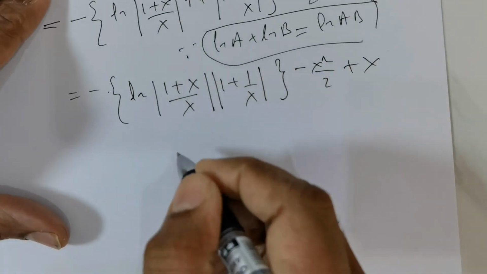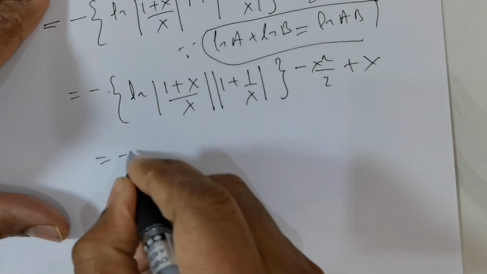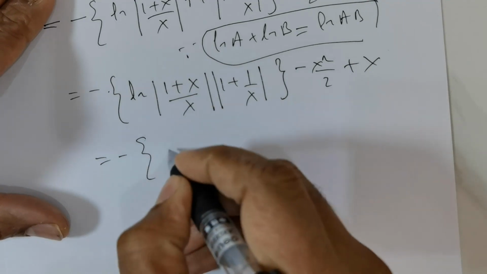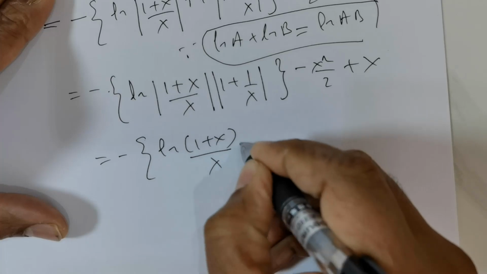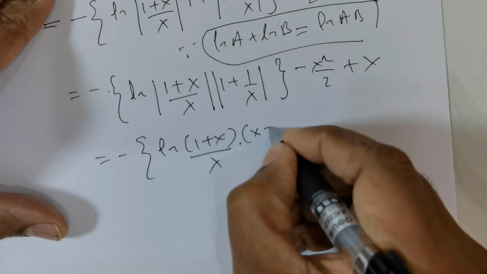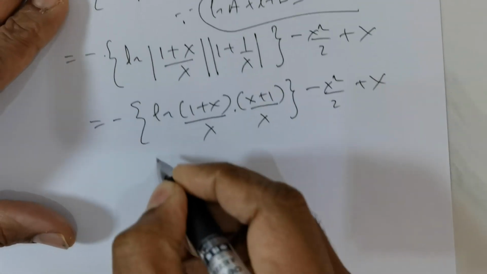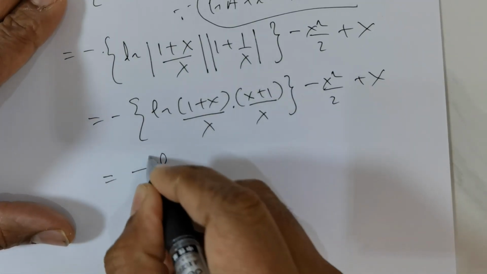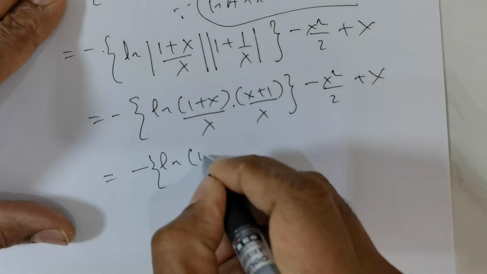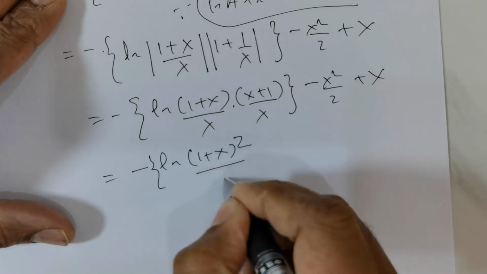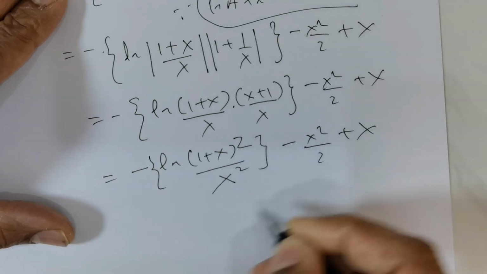Now taking x to be positive, we can clearly see there isn't any restriction here because of indefinite integrals, so this can be rewritten as ln of (1 + x)/x times (x + 1)/x, minus x squared over 2 plus x. This is equal to negative ln of (1 + x)(1 + x), so it's going to be (1 + x) raised to the power of 2 divided by x squared, minus x squared over 2 plus x.